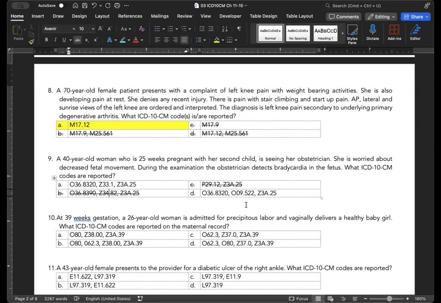If you don't remember, underneath of the O09.5, at least in the AAPC version of it, there is a note that states pregnancy for a female 35 years and older at the expected date of delivery. So if you don't remember, then that note's there for you. If it's not in the Optum or other versions, then go ahead and write that note in there, because I don't know how those other versions are laid out.